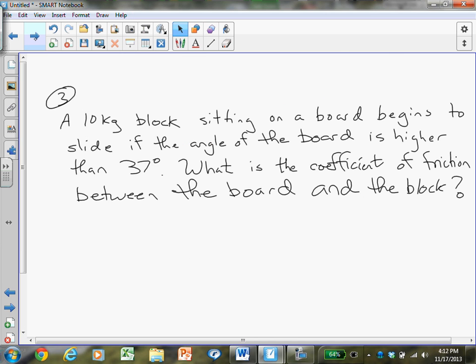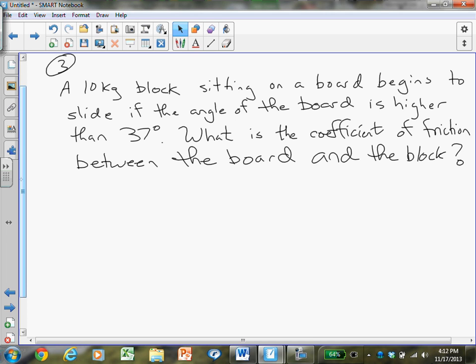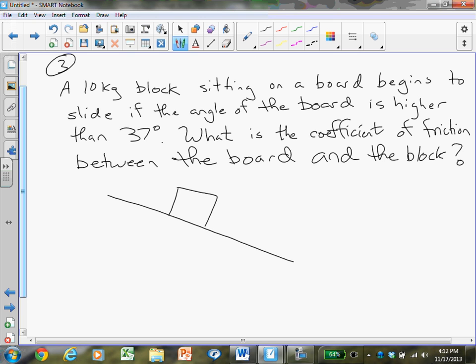Another problem: a 10 kilogram block on a board begins to slide when the angle is 37 degrees. What is the coefficient of friction? Well, in that case, we can just do mu is tan theta.